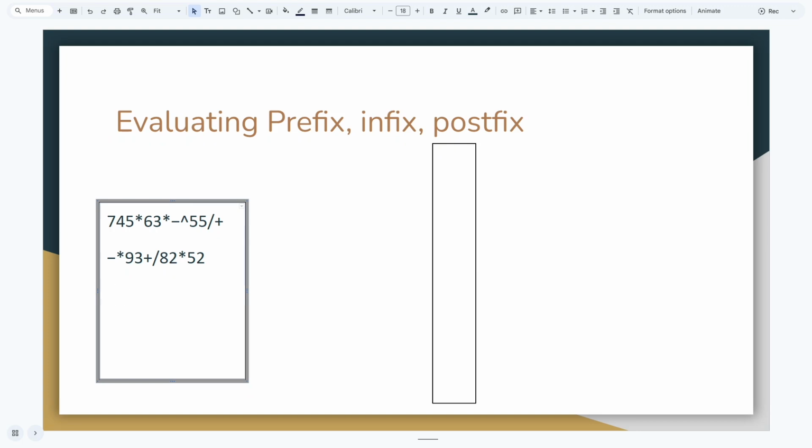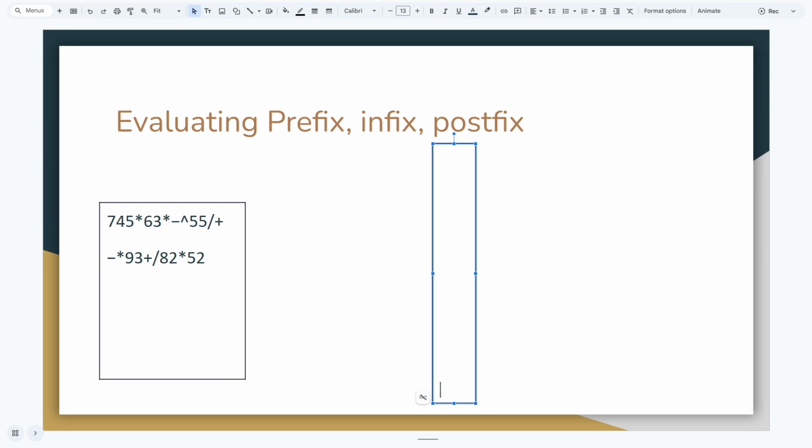Now I will show you the stack method, which is very simple. You just have to go from the bottom, and it's called a stack because we stack the numbers on top of each other. First, let's start with postfix, which is simpler.